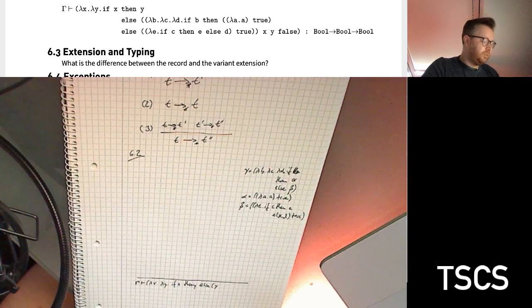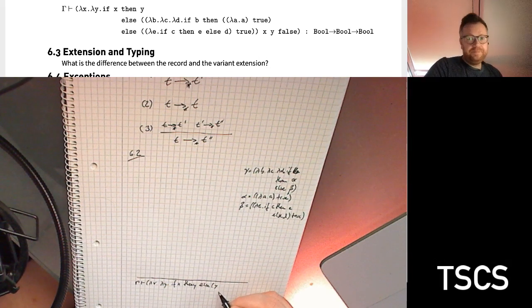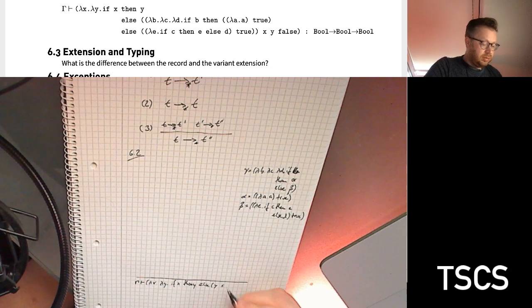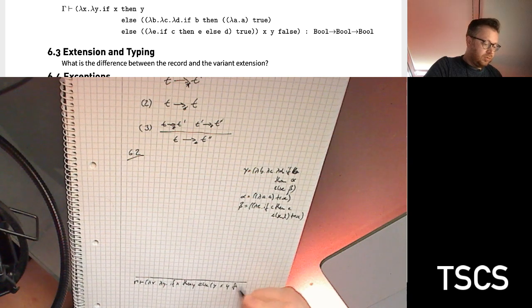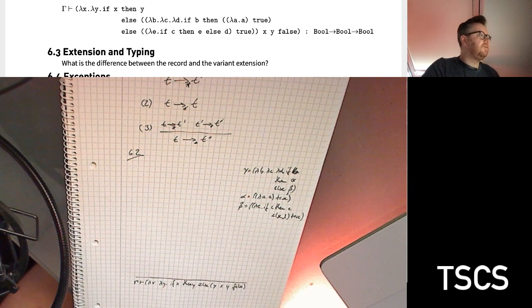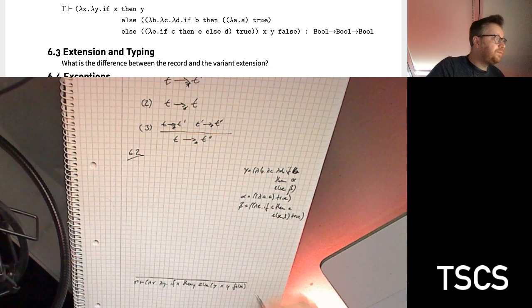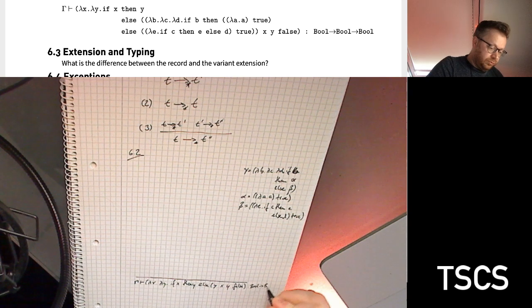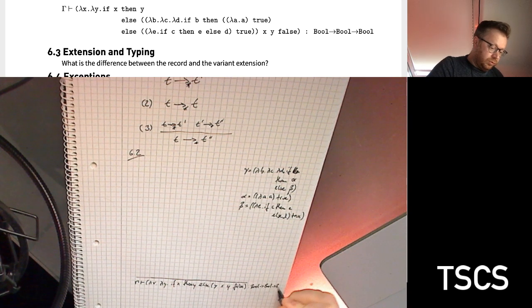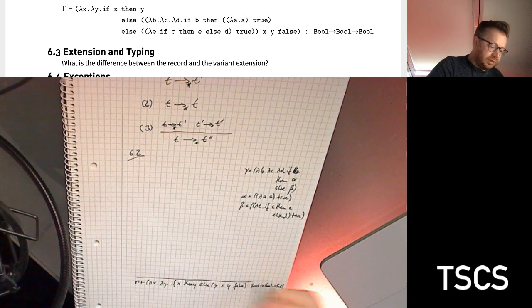What we do is we write gamma x, y, and false. These are the arguments given in the right hand side on the exercise sheet. And all of this should be bool to bool to bool according to the statement.